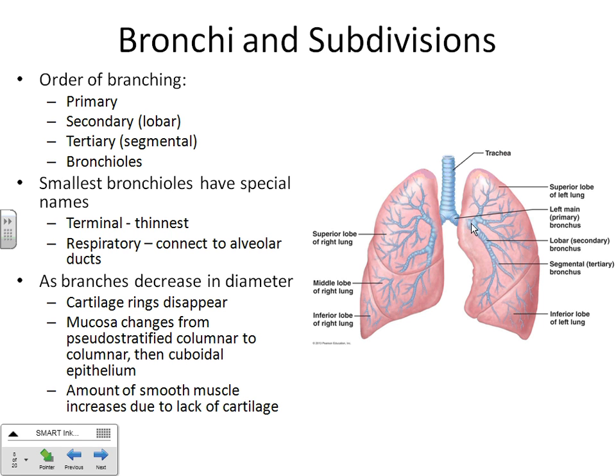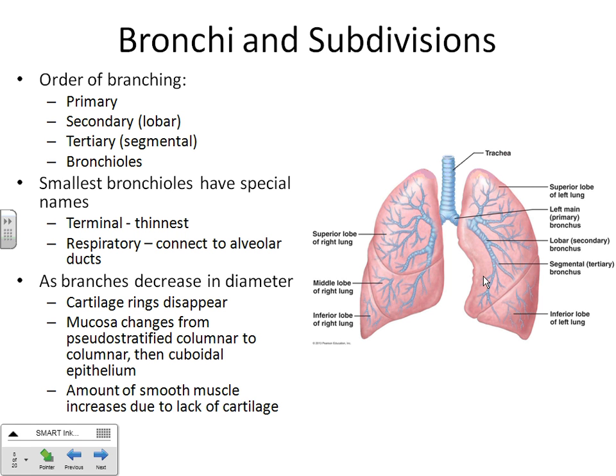Once you get to right here, the primary bronchus splits again, right? Those are now going to be secondary or lobar bronchi. If we follow down to the bottom of this secondary bronchus, once it splits again, each of these pieces are now going to be tertiary bronchi. Then when the tertiary bronchi split again, every subsequent split is considered a bronchiole. That makes sense to everybody?